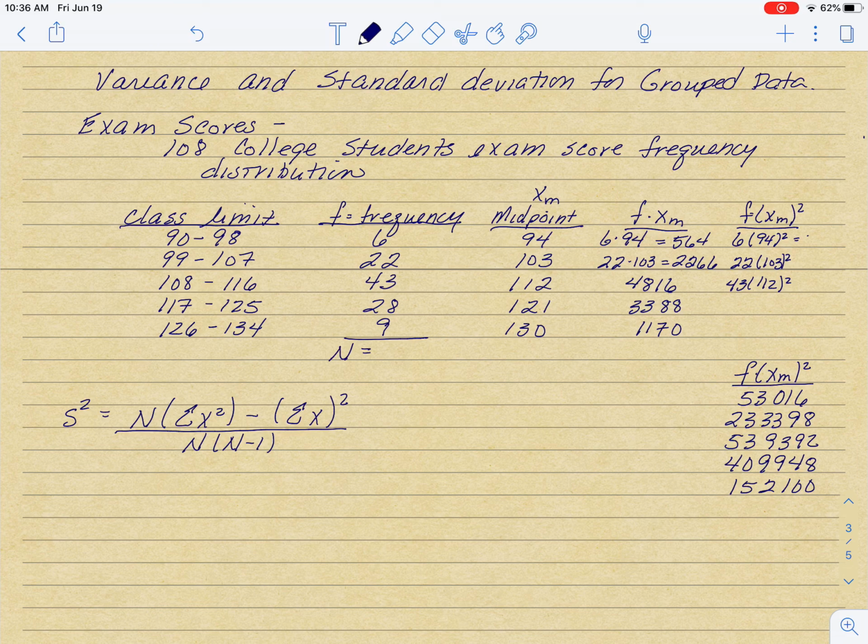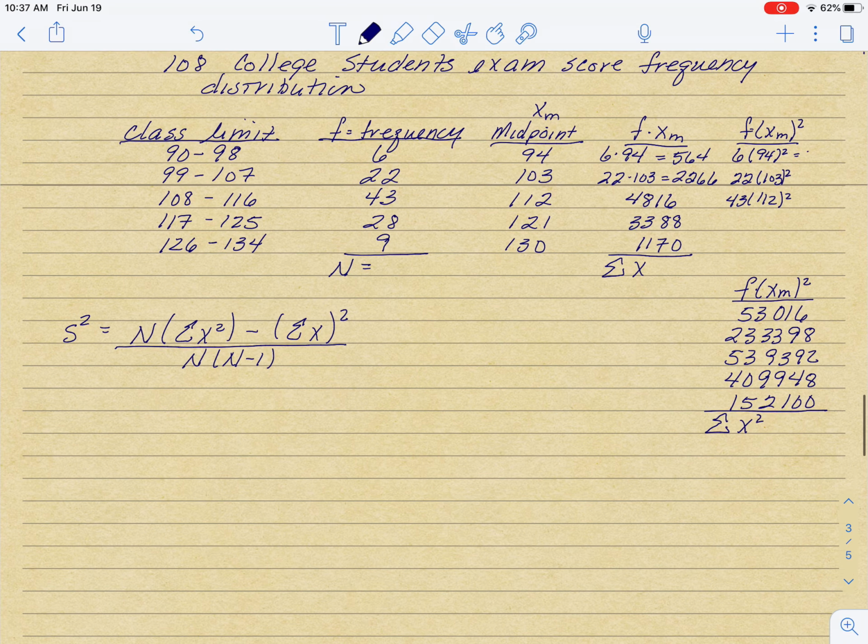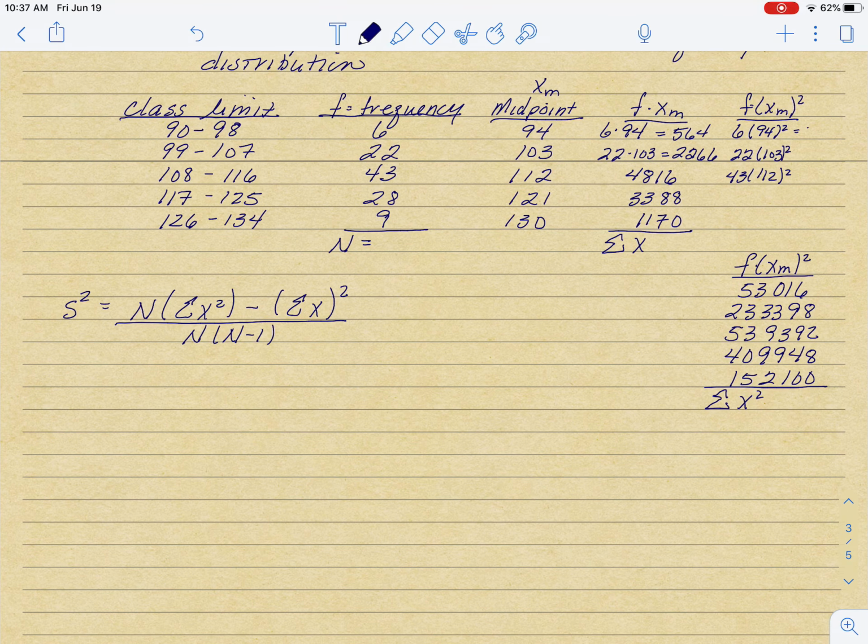If we add that column, that gives us n. If we do frequency times midpoint, again, we're going to add everything with a frequency in it, and that's going to be a value over here. So frequency times midpoint is the sum of the x's. And frequency times midpoint squared, that's the sum of the x squareds. So we're going to add each of these columns and use those values in this formula.